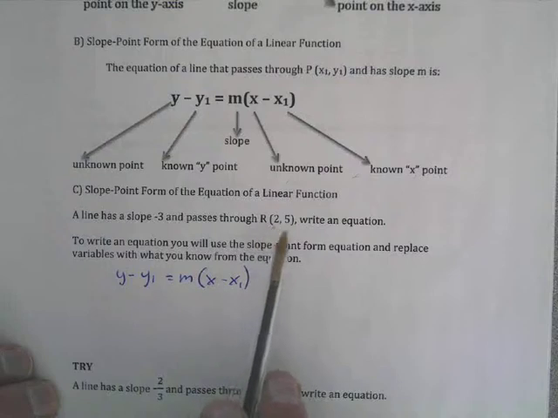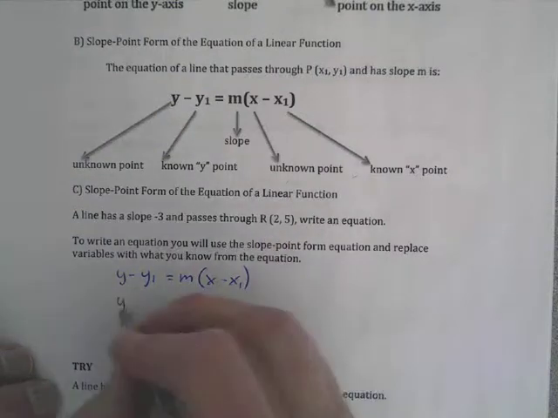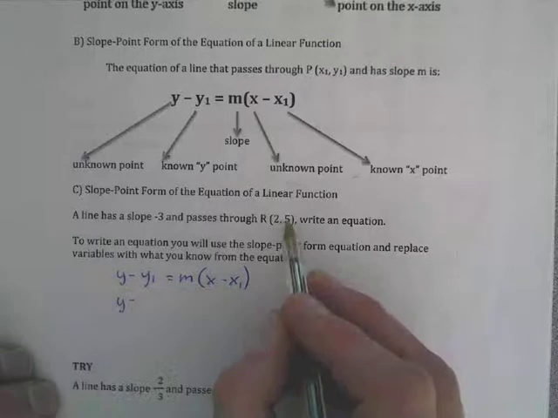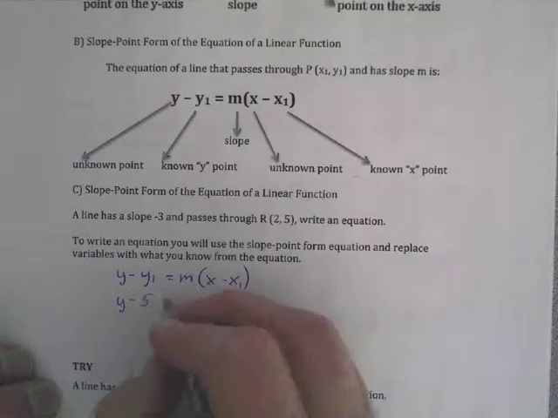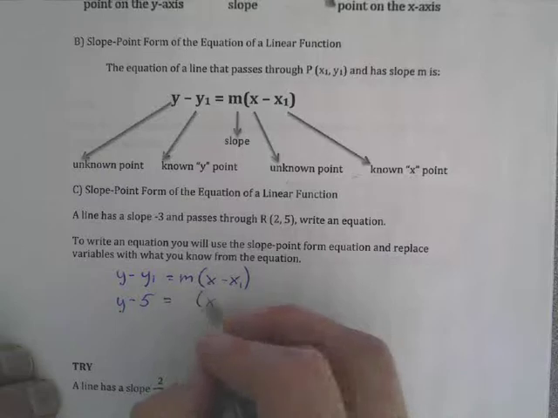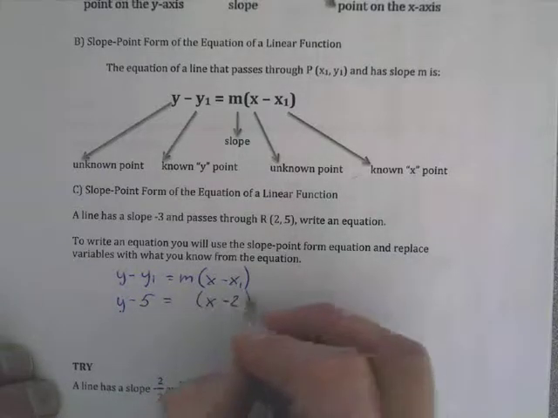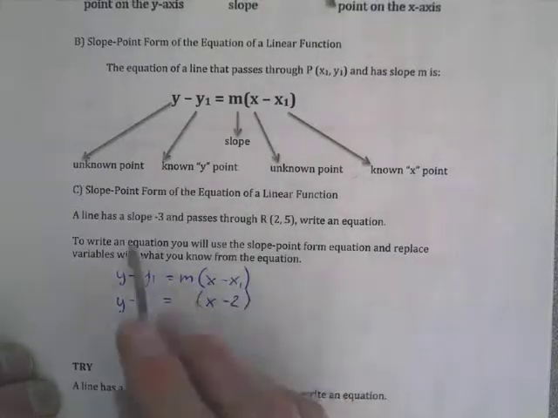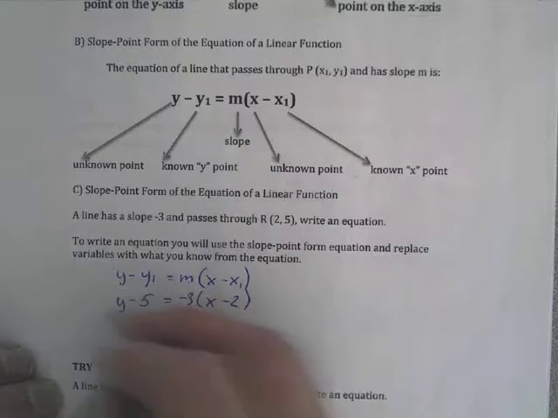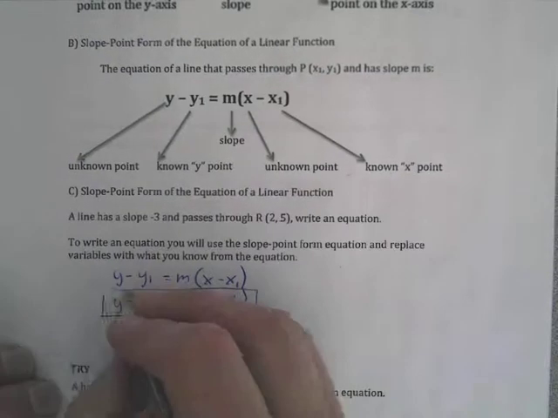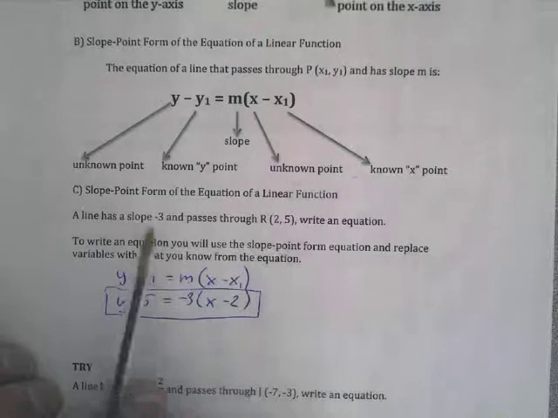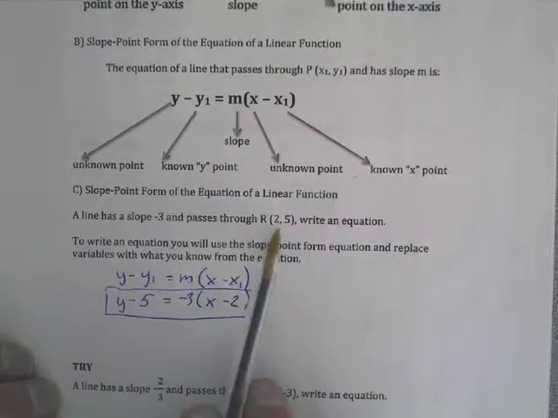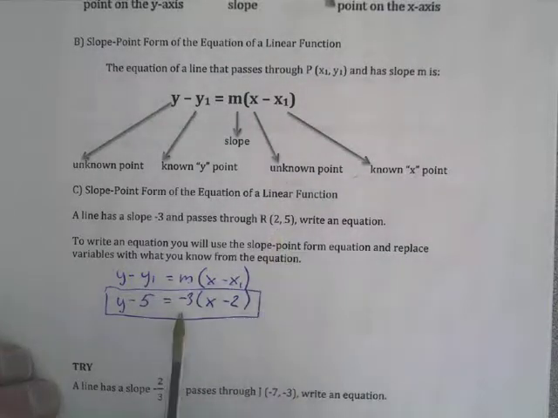So from the information, I know the points are 2 and 5. 5 is my y, so y minus 5 and x minus 2. What I'm missing is my m, and they tell me my slope is -3. So there it is. There is my equation for that information of slope -3 and goes through points 2 and 5 in slope-point form.